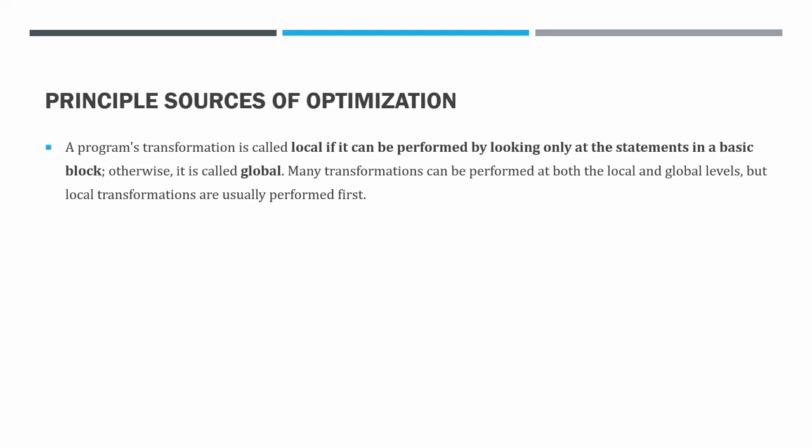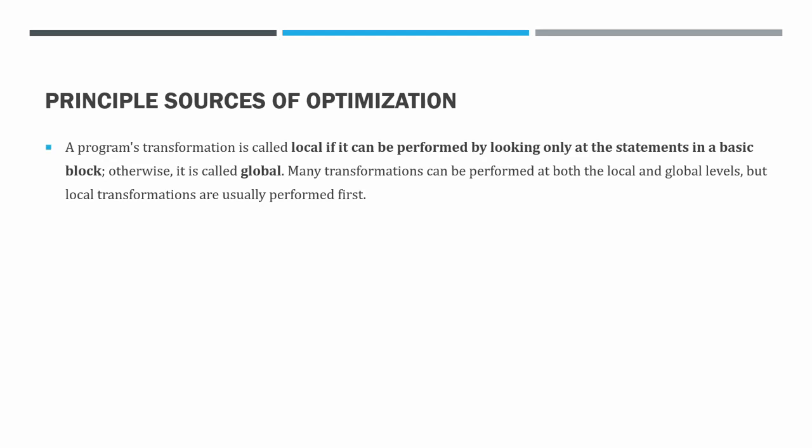Here, if an optimization can be performed by looking only at the statements in a basic block, we call that a local transformation. Otherwise, we call that a global transformation. Many transformations can be performed at both local and global levels, but we prefer the local transformation.